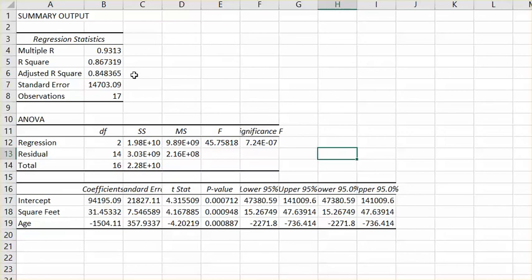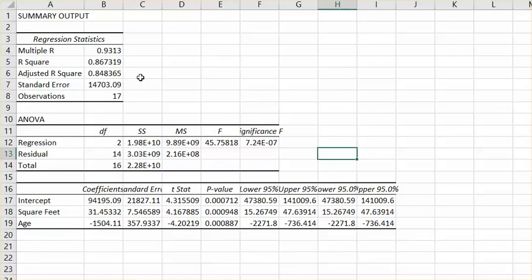Let me just digress here for a second. When we have one independent variable and we look at our summary output, we focus on the R-square. When we have more than one independent variable in the model, our focus is always on the adjusted R-square.